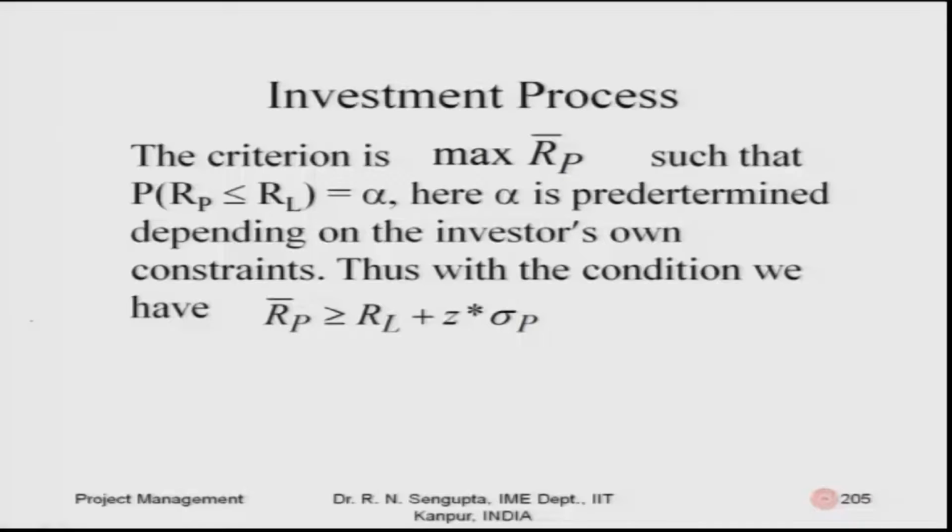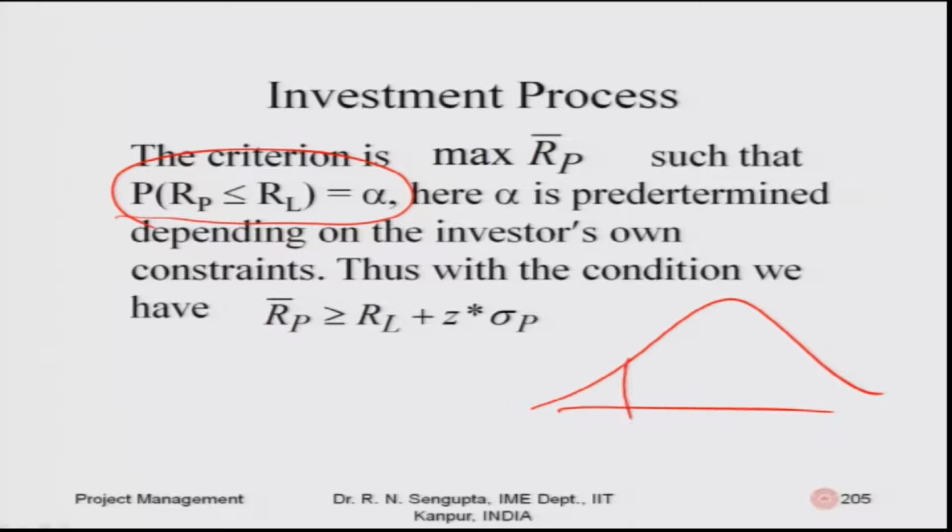The criteria for the last one is maximize R bar P such that, again, the such that condition remains the same. So, this RP being less than or equal to RL, as I have considered in the graph here. If in the last-to-last graph this was alpha, this is exactly the same.